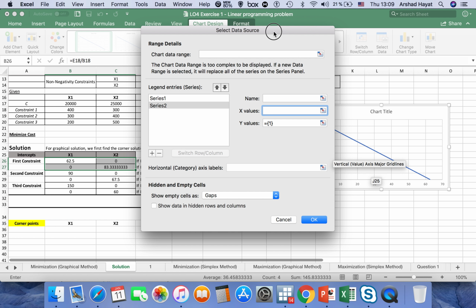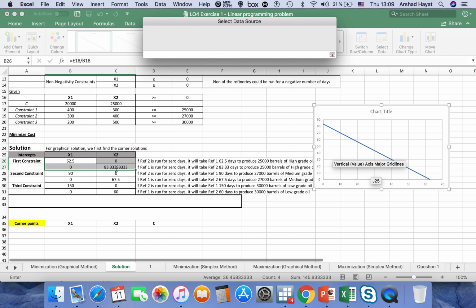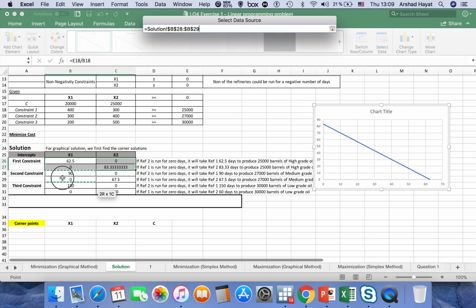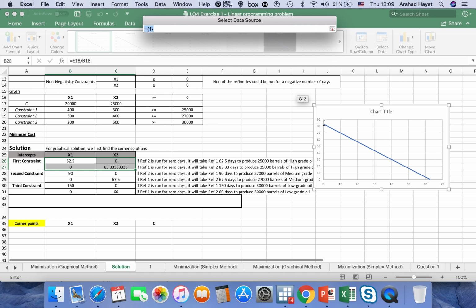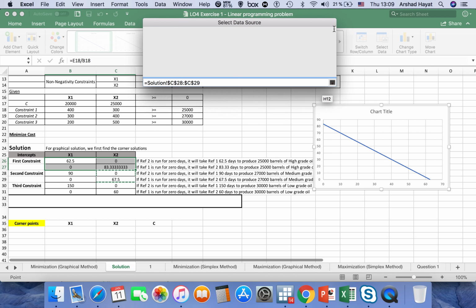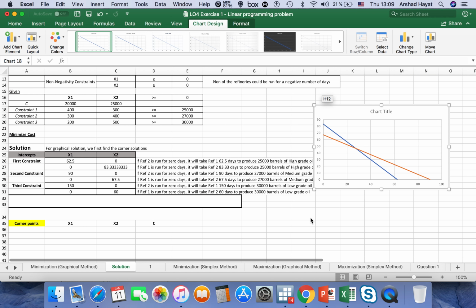So our x values are x1 and our y values are x2. So we have got a second constraint drawn here.